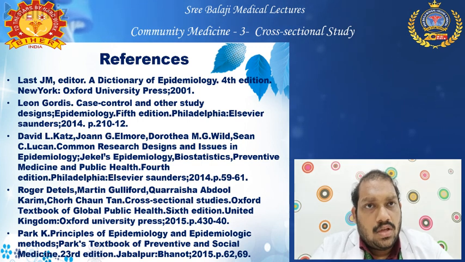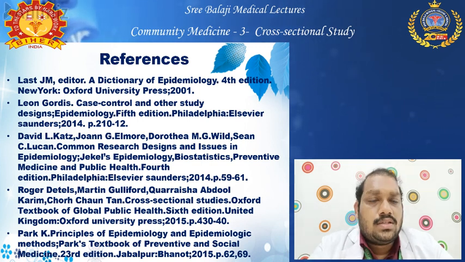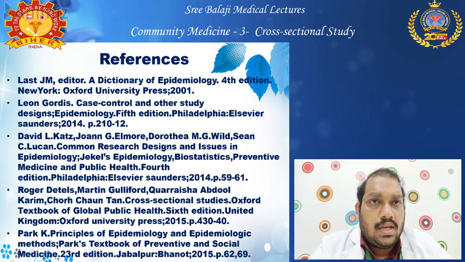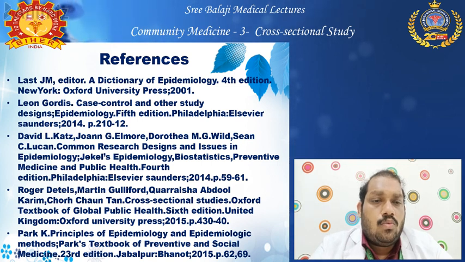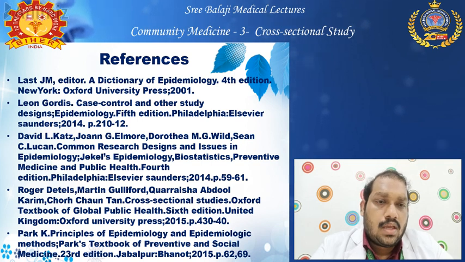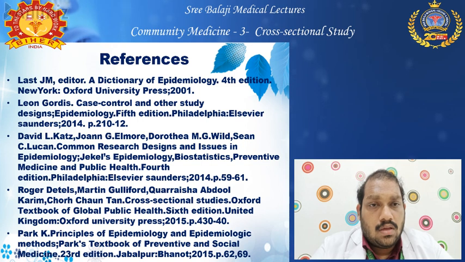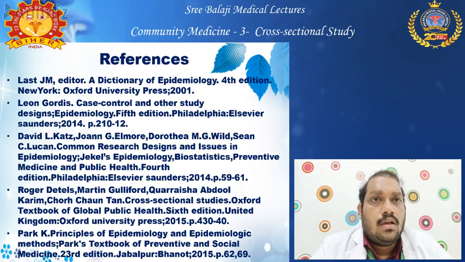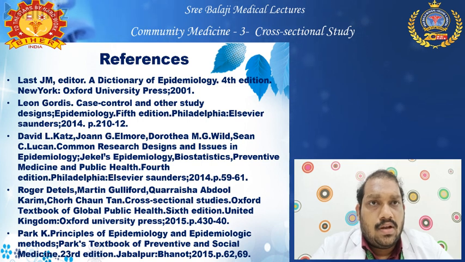They are easy to do, require less expertise, less money, and they are widely used throughout the world. Even though we cannot establish a temporal association between the risk factor and the disease, the information derived from cross-sectional studies is vast and very useful for future research as well as for health policy development.